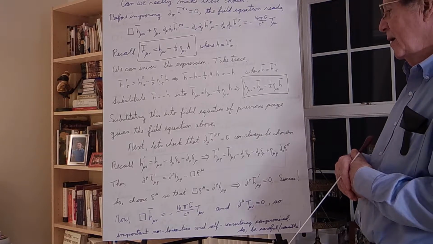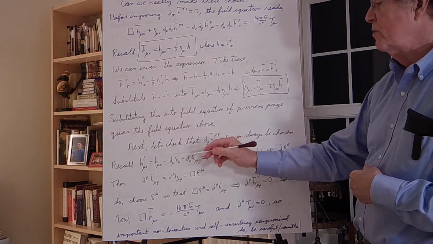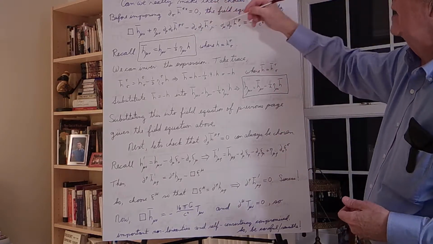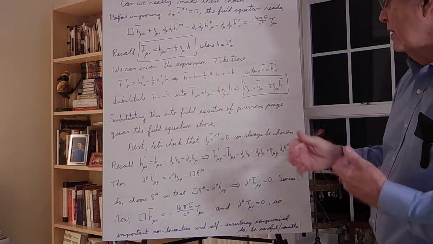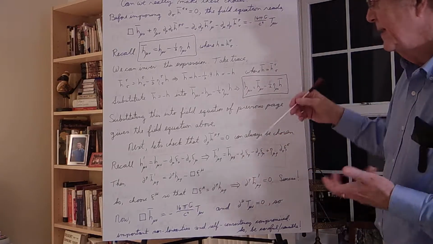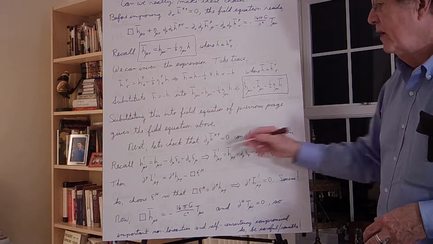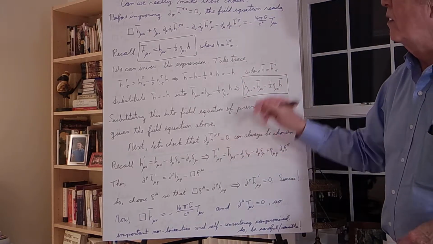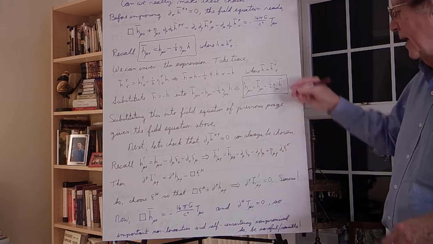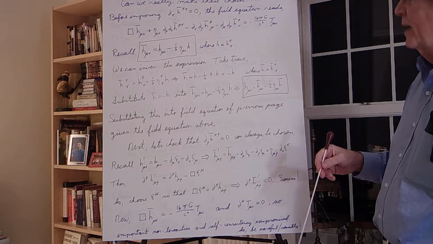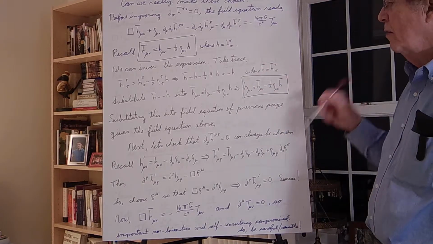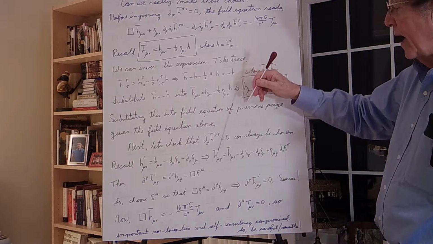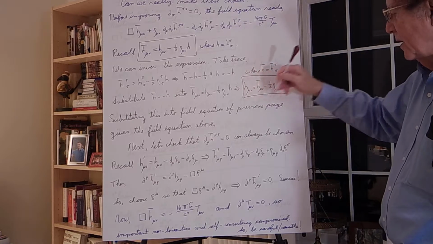Now, what's the transformation for h bar? Well, I know how to construct h bar. h bar is h minus a half eta h. So I just do my arithmetic here. If I know how h transforms, I know how the right hand side transforms. I know how the trace transforms, the trace just being h upper mu lower mu summed over. And so I can see that h bar transforms in this way.